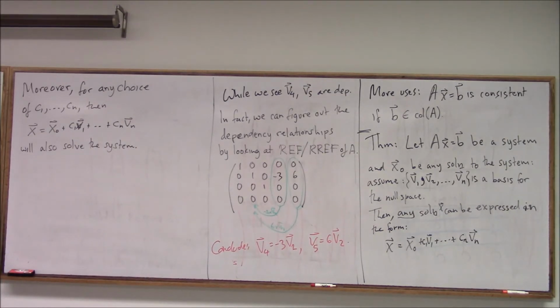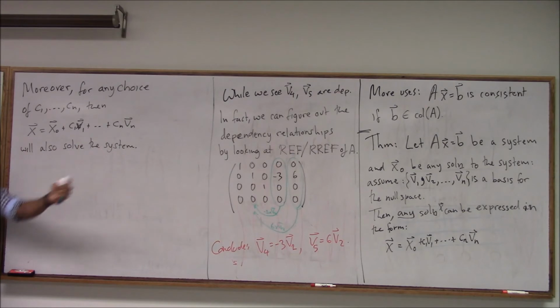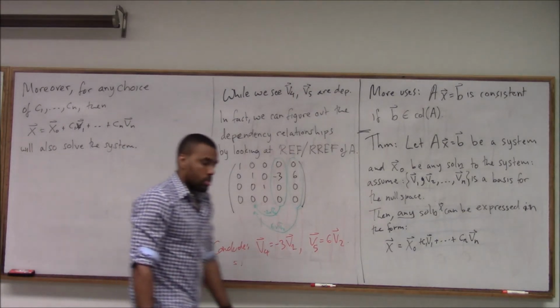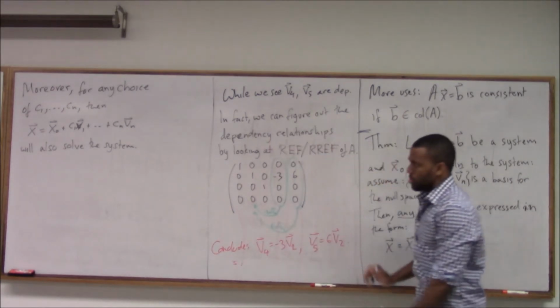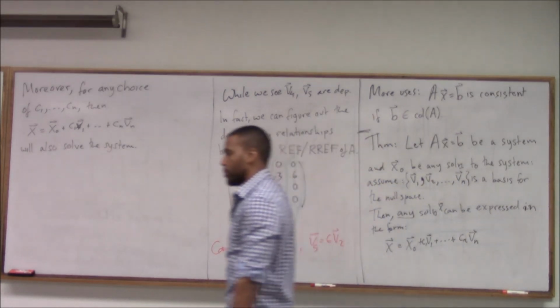And of course, if you multiply the matrix by this, you can expand the matrix, and then you can factor out the scalars, and since this is a basis for the null space, A times this would be the zero vector. So you're adding a bunch of zero vectors, and this is already a solution. So actually writing out the proof for that wouldn't be that hard, but I don't want to take the time.